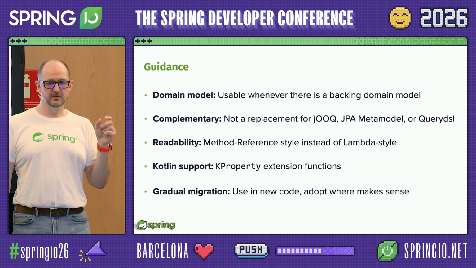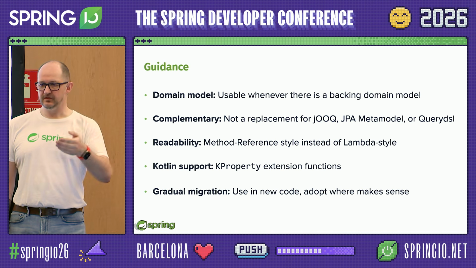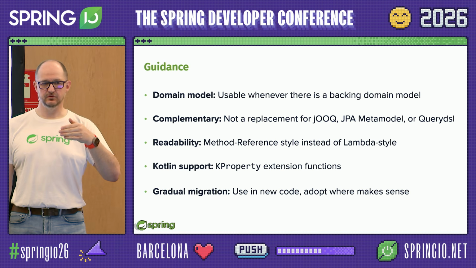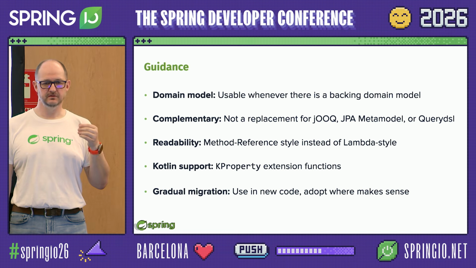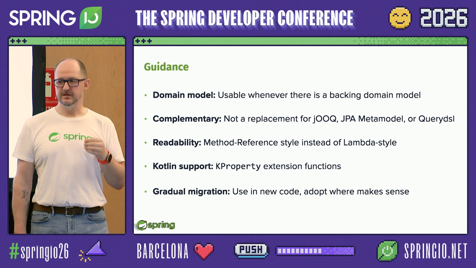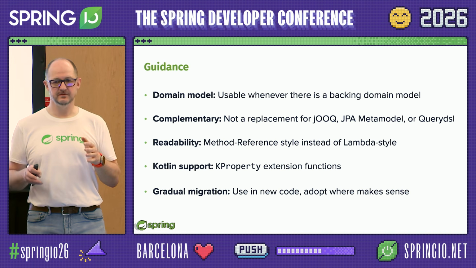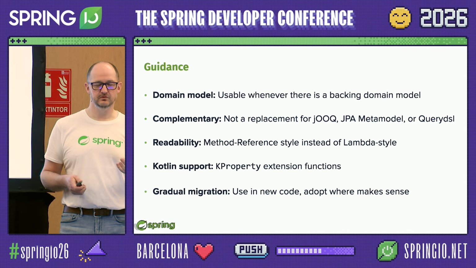Since those are already strings, there's no way to translate those strings into the method reference form. And in such cases, the string-based representation of properties is your best option. And again, the string-based API is here to stay. The type property paths are only an addition for you as an alternative, if it makes sense.